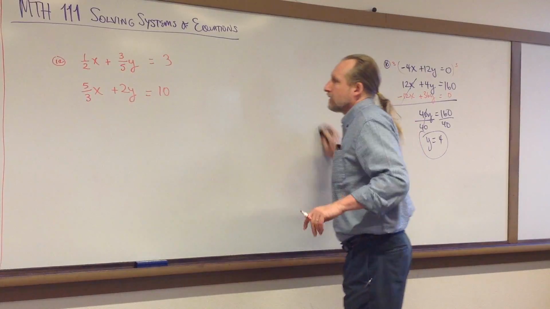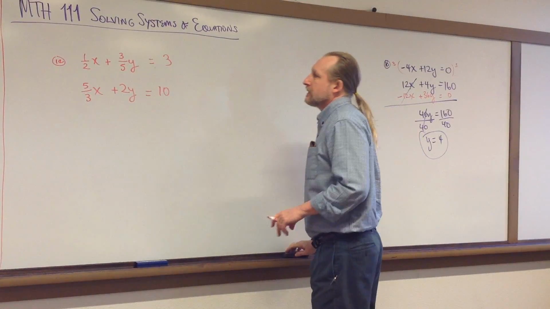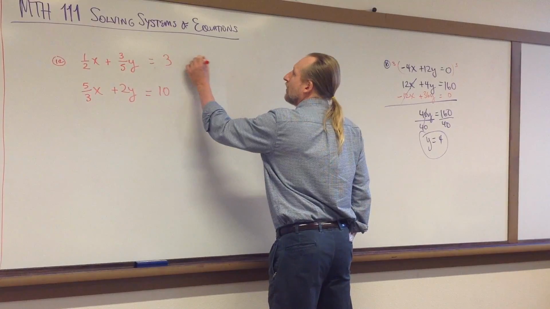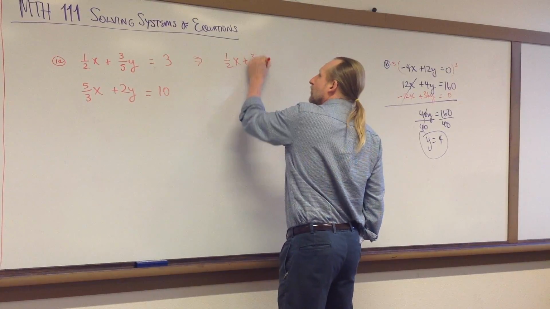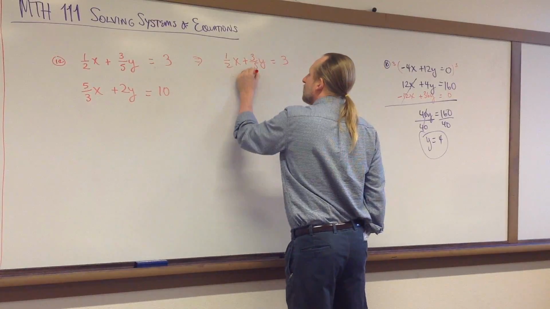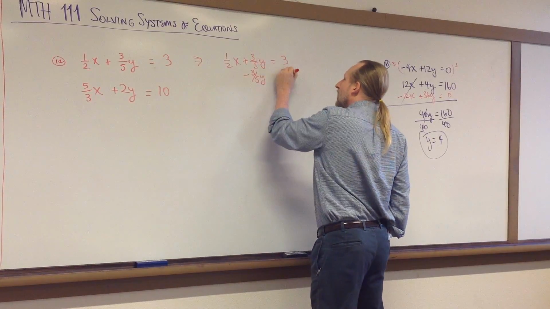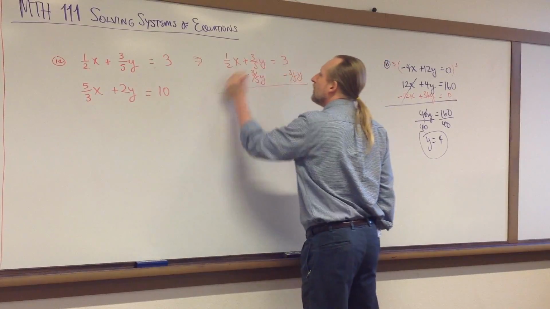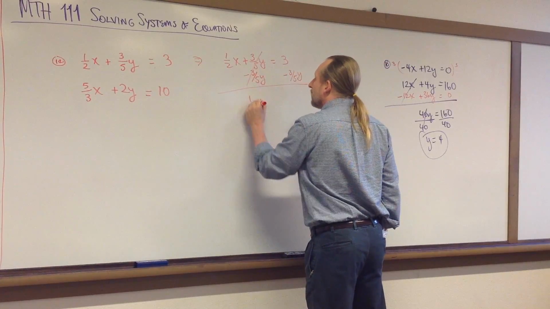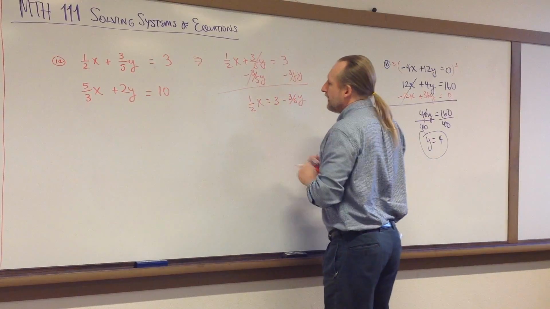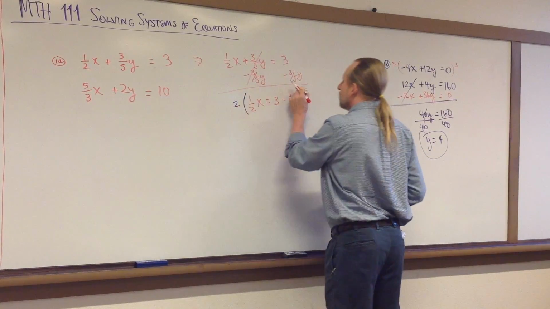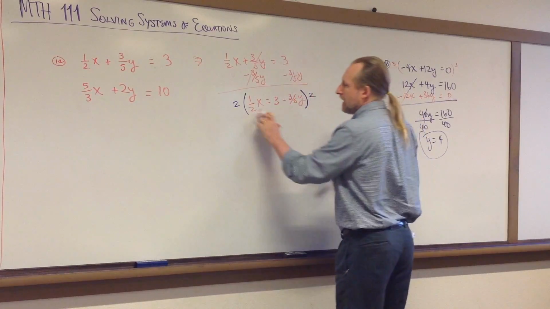I'm going to get the x in the first equation by itself. So, if we take a half x plus 3/5 y equals 3, subtract the 3/5 y on both sides. A half x is 3 minus 3/5 y, and then multiply on both sides by 2. And that'll cancel out that 1/2.